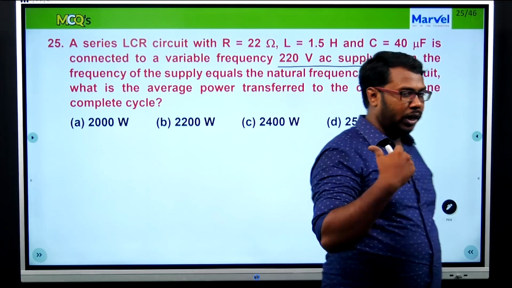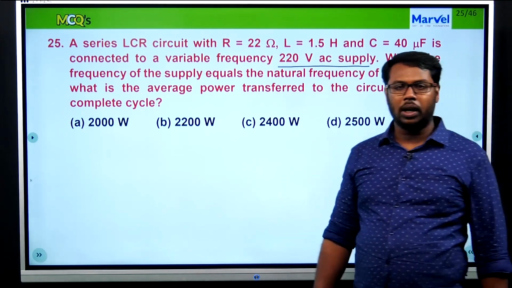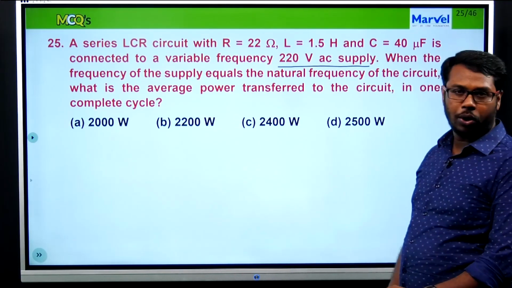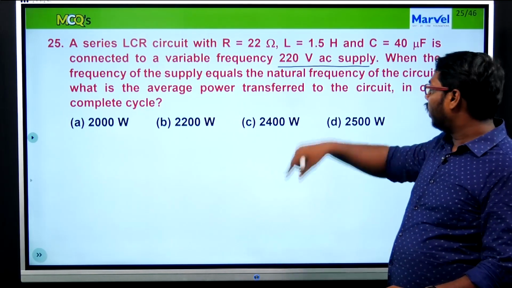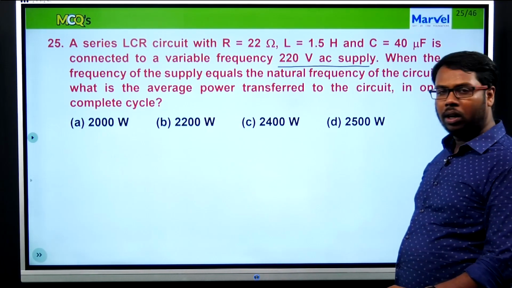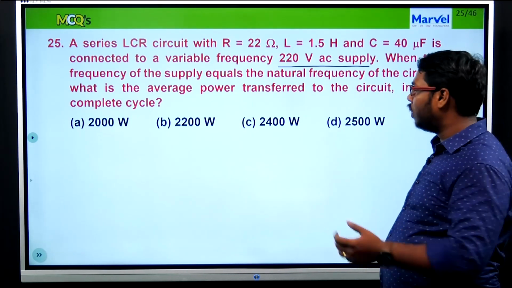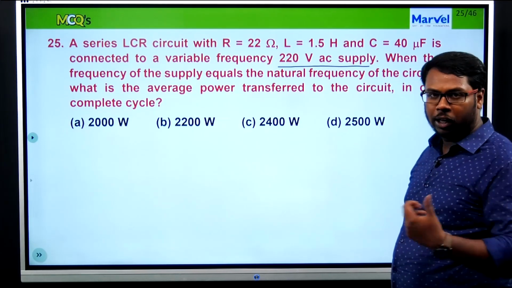It is a resonating frequency. That is what they are trying to express. It's a resonating circuit where the external frequency is equal to the frequency of the circuit. This satisfies the resonating condition.